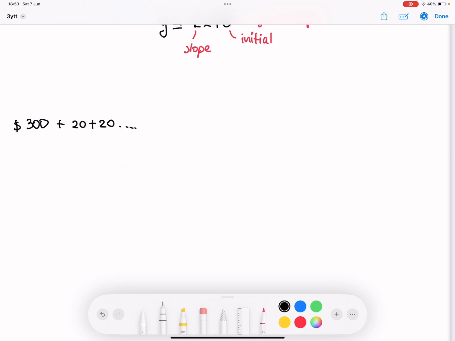The second option is you have $300, but you spend $20 every month. And the third option is you have $300. Your monthly revenue and your costs are the same, so it means you save nothing. It's like zero. Okay, every month it goes like this.